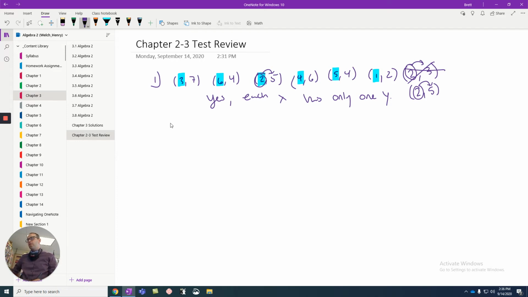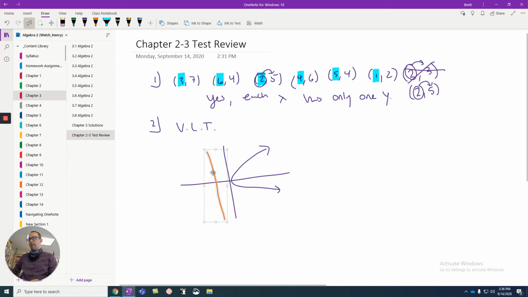Okay? Question number 2 is built around the idea of the vertical line test. I call it the VLT. Okay, vertical line test. And the graph looks something like this. The vertical line test tells me that if I draw a vertical line, straight up and down, and then I move that vertical line from left to right, if the vertical line ever touches my curve more than once, I would say it's not a function.